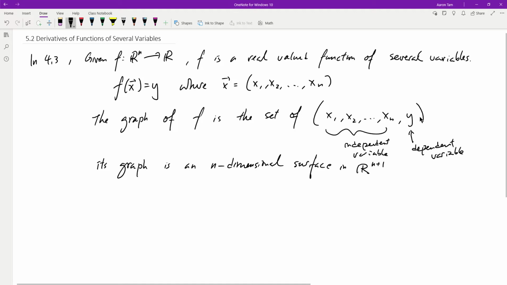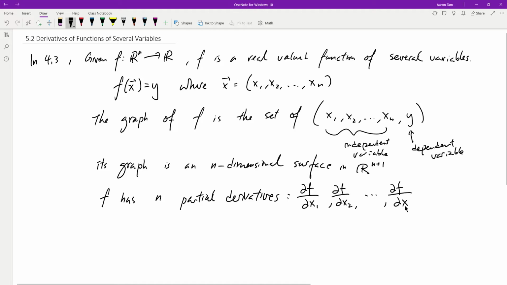In 4.3, we learned about partial derivatives. We learned that f has n partial derivatives, one for each of its independent variables. These partial derivatives look something like this: df over dx1, df over dx2, to df over dxn.